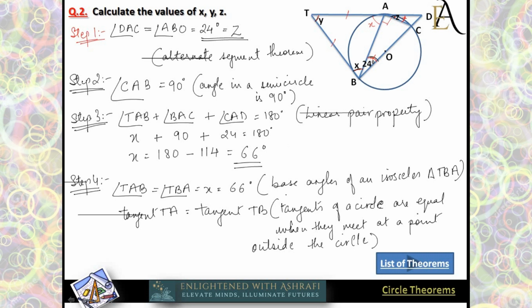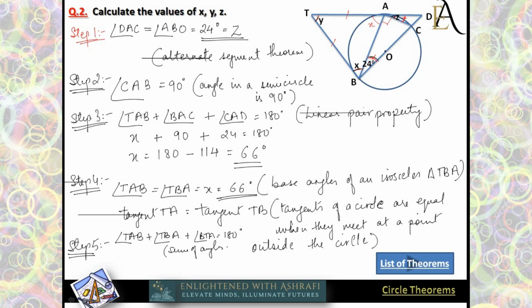So we got X as 66, Z as 24. Now on the basis of this we can find out Y. So it's going to be angle TAB plus angle TBA plus angle BTA equals 180 degrees.